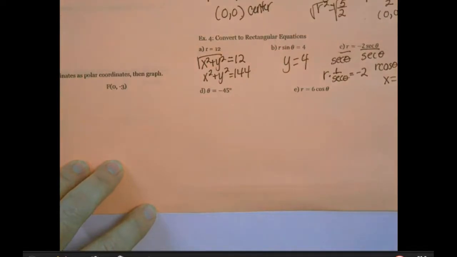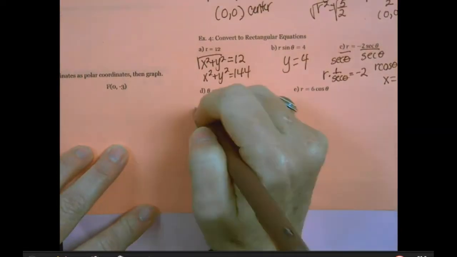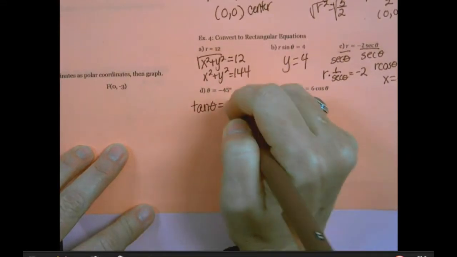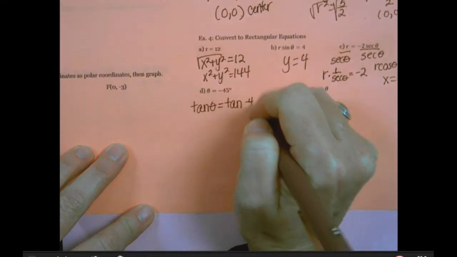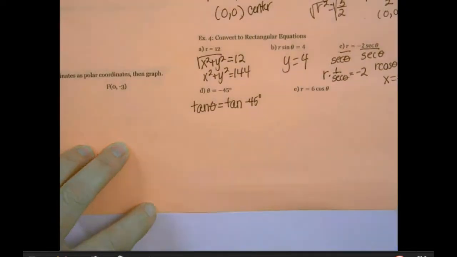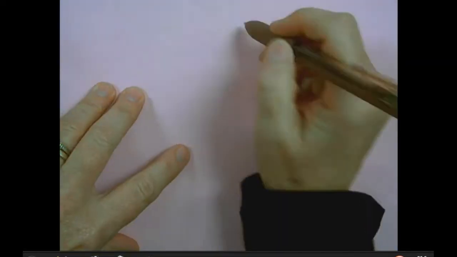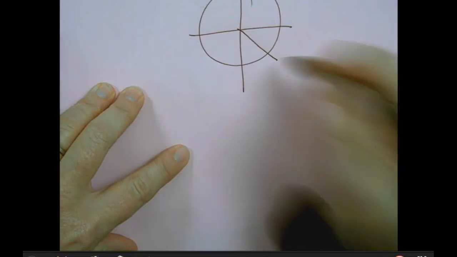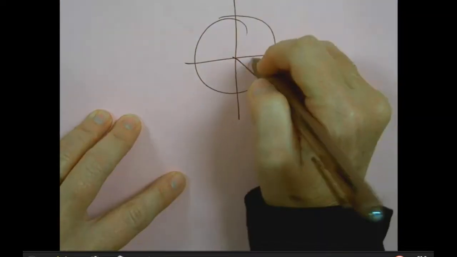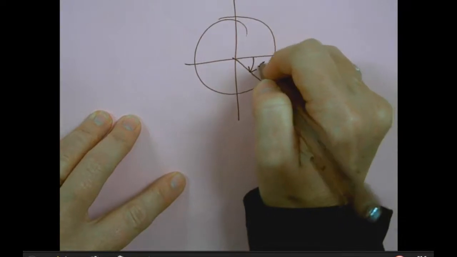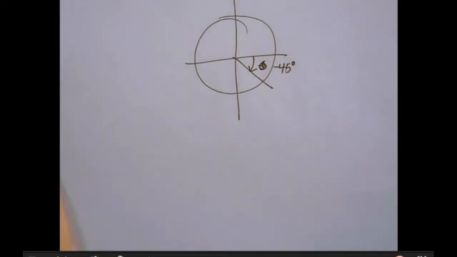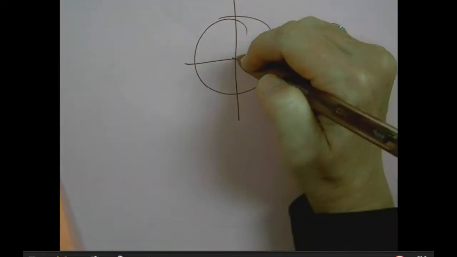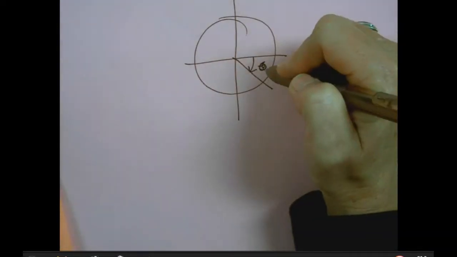Okay. So here's what I'm going to do. I'm going to take the tangent on both sides. And take the tangent of theta equals the tangent of -45. Now, first of all, I'm going to give you a little visual here. So here's my -45, right? I'm just showing you. So first of all, 45 is my reference angle.